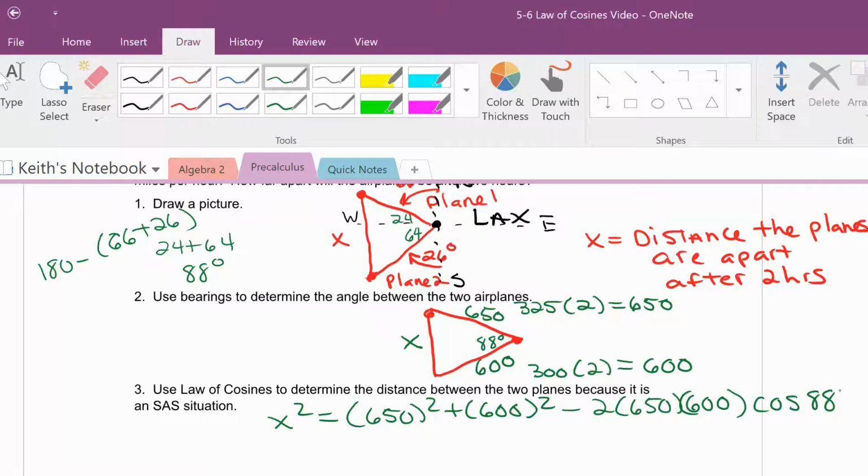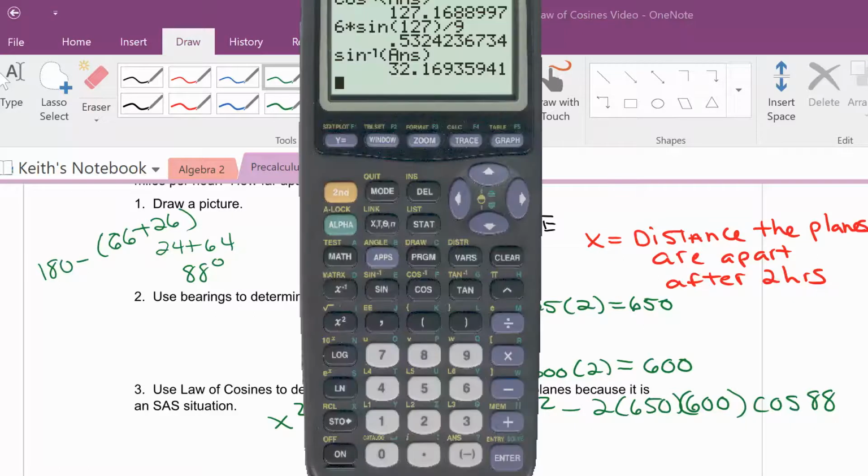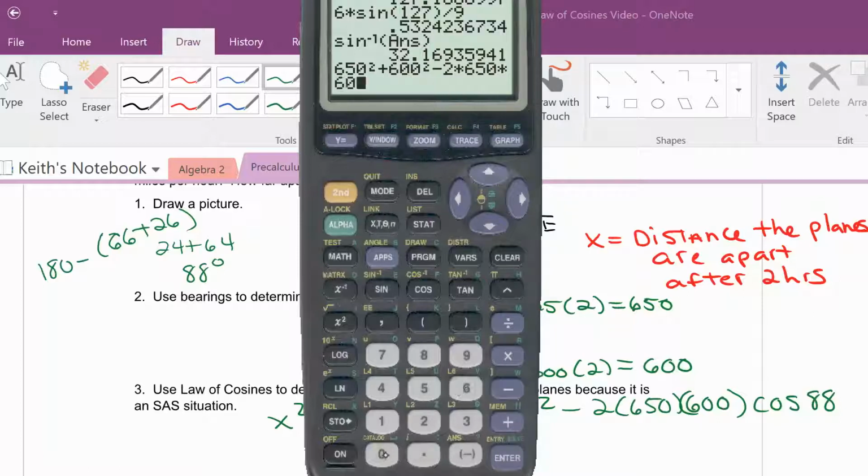So you can type that all in your calculator. 650 squared, sorry, plus 600 squared, minus 2 times 650 times 600 cosine 88.